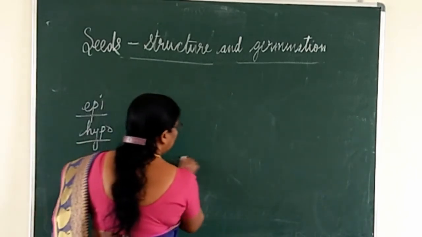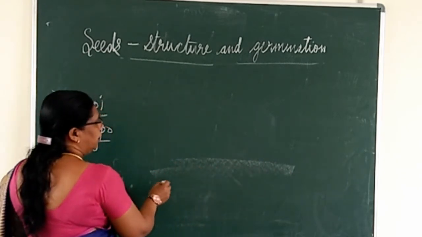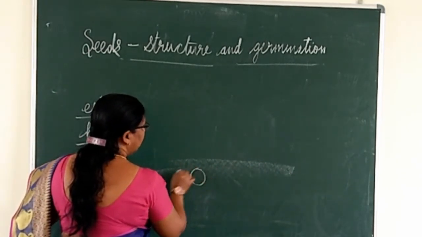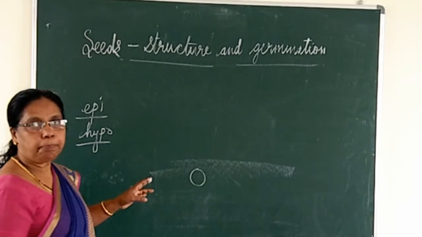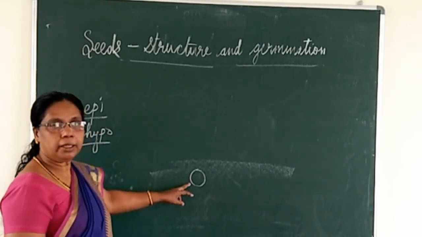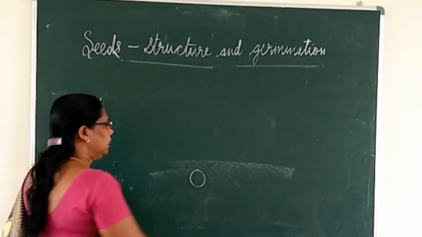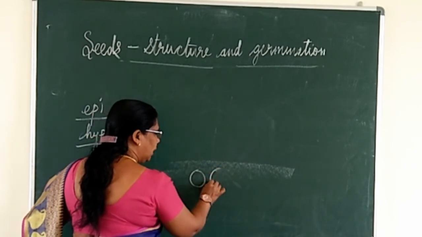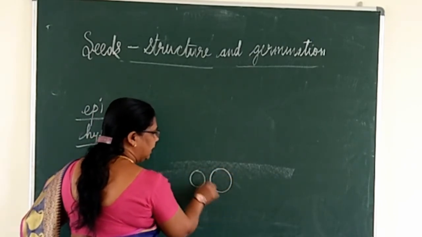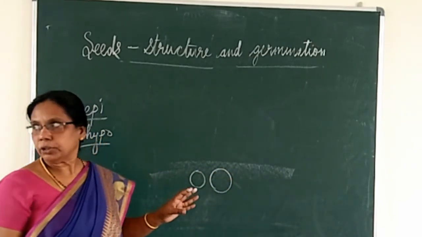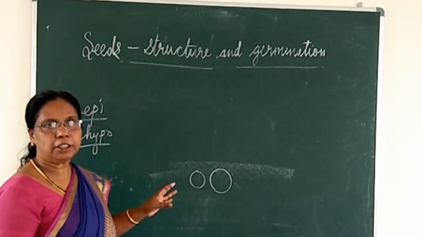So let us see, this is the soil level. The pea seed we are sowing in the soil, and you can see that it will absorb the water, and a little bit the size will be increasing, that is, swelling of the seed takes place.